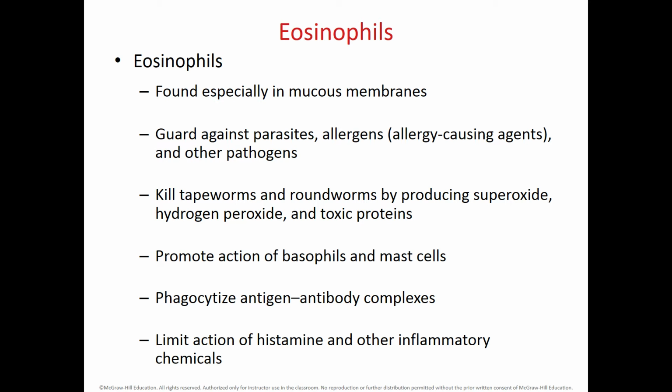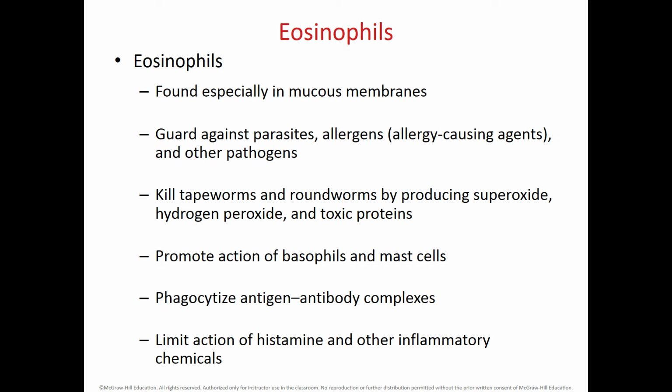And when two IgEs that are found on the surface of the eosinophils are cross-bound by these allergens, these eosinophils will release several chemicals. Among them will be histamine, and then you produce this allergic response.